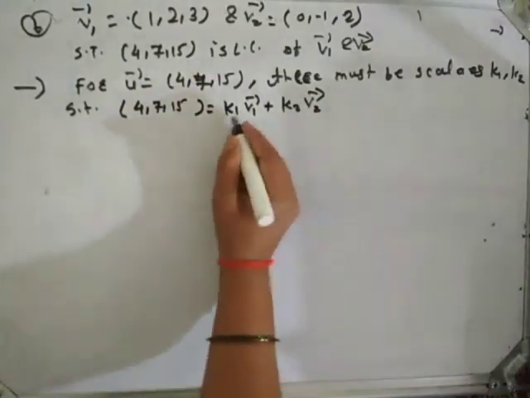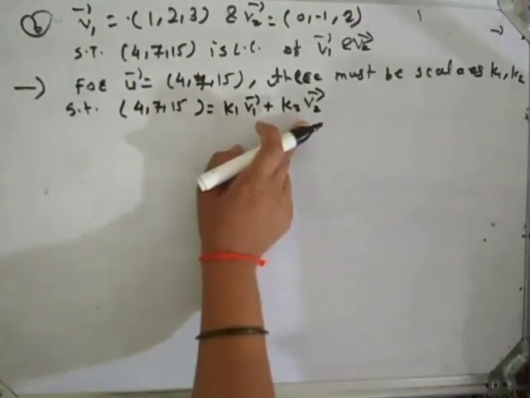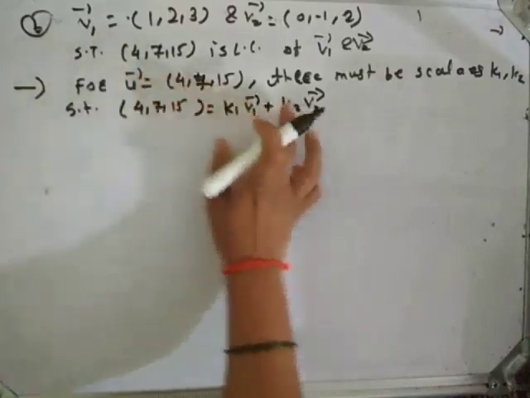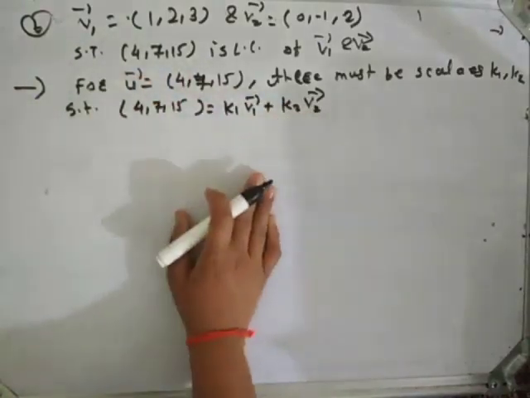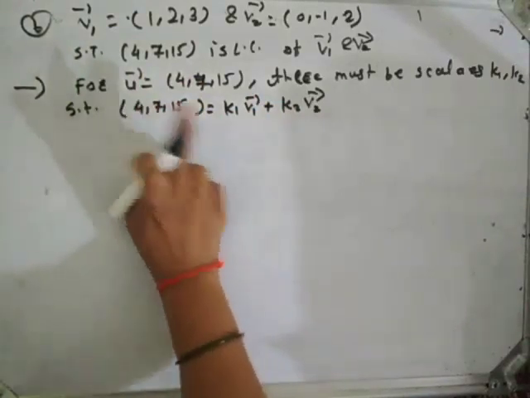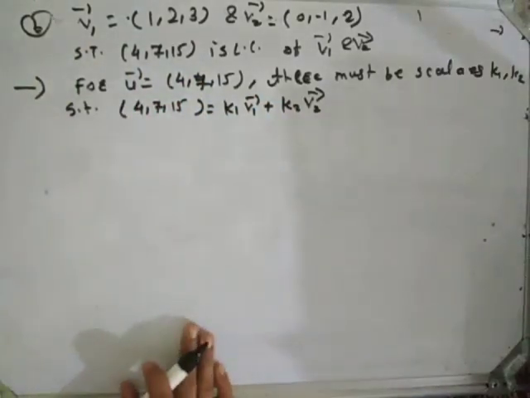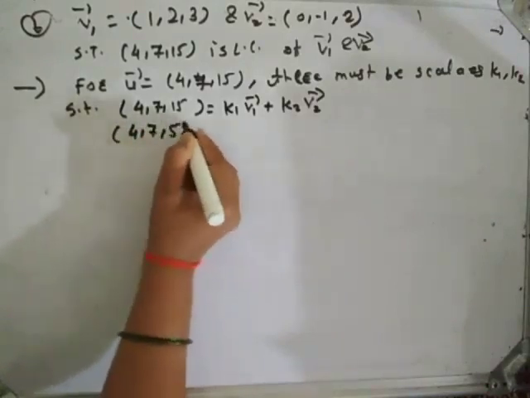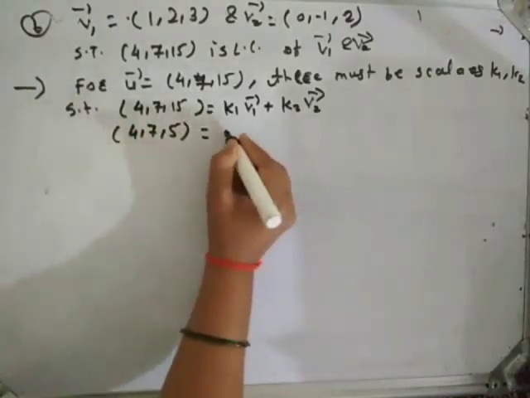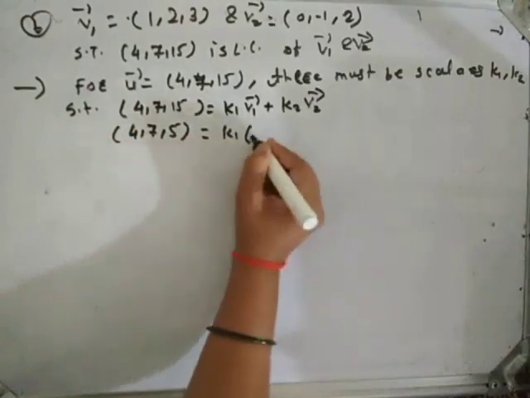If k1 and k2 exist, then this u bar is a linear combination of v1 bar and v2 bar. If k1 and k2 do not exist, then u bar is not a linear combination of v1 bar and v2 bar. Okay.